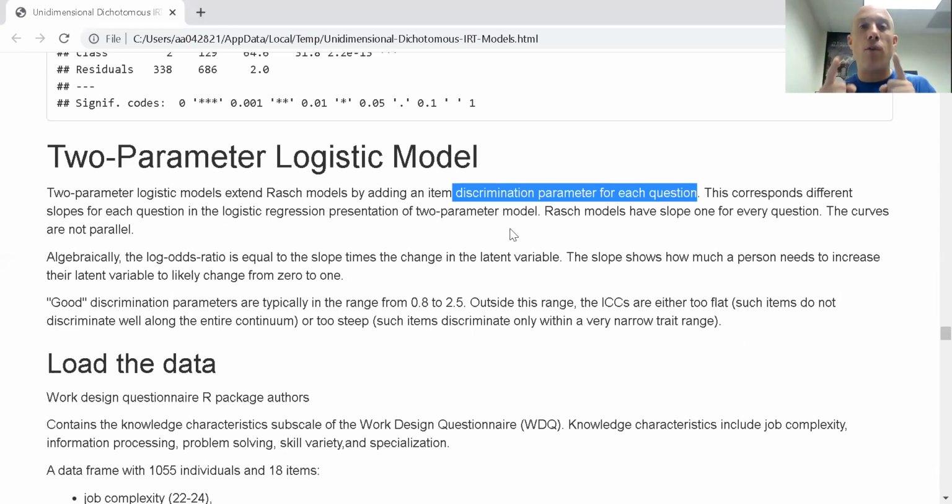If I want to make sure that the better ability student gets the better probability, then I have to have parallel lines. If I don't, I can get a little bit of wonkiness, usually at the extreme ends. Most of the time, like for my personal modeling at work, I don't worry about it. But if this is an issue, you just go up to the Rasch model.